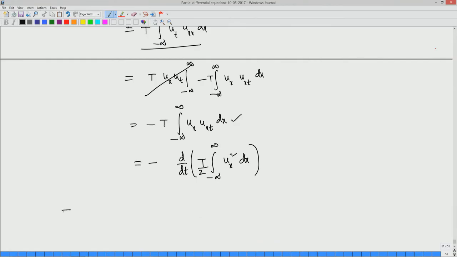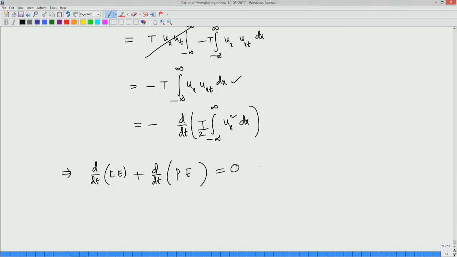Now, this implies d/dt of KE plus, now you take d/dt of this something which I am defining as potential energy, equal to 0. So this is d/dt of total energy is 0. So I can define my potential energy.